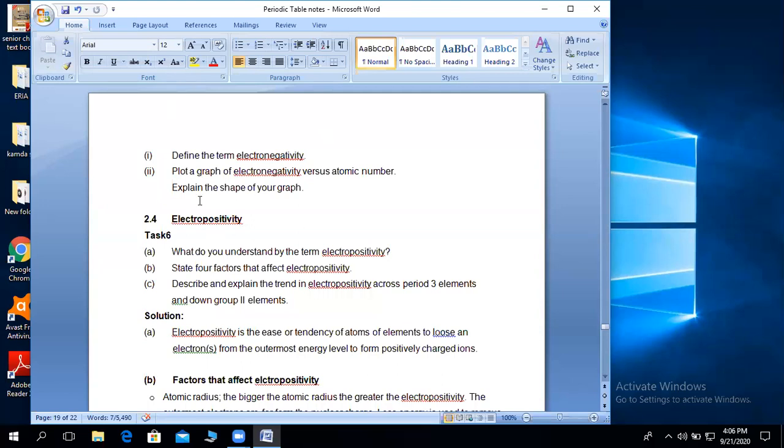For electropositivity, it is the ease with which an atom gives away, donates, or loses its electron. So electropositivity is the ease or tendency of atoms of elements to lose an electron or electrons from the outermost energy level to form a positively charged ion.